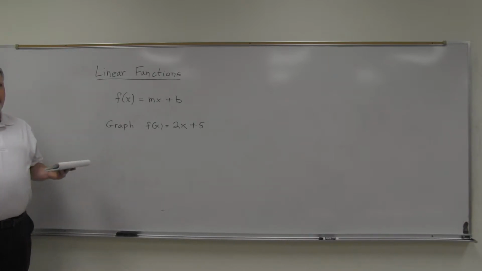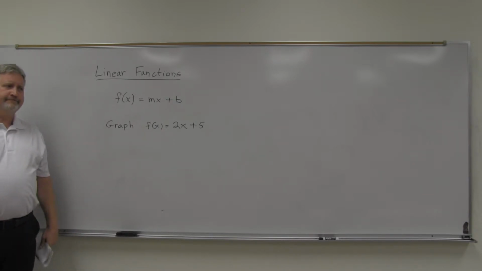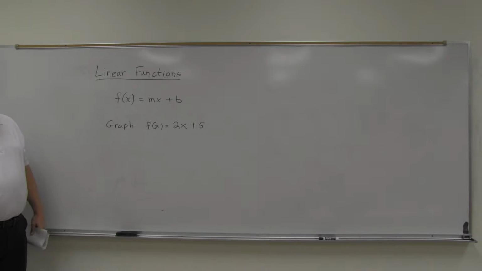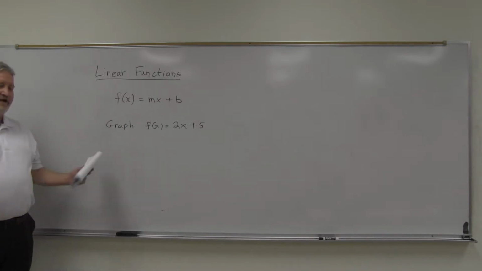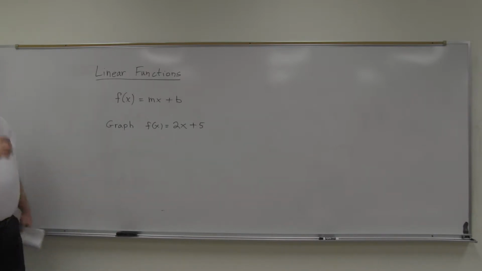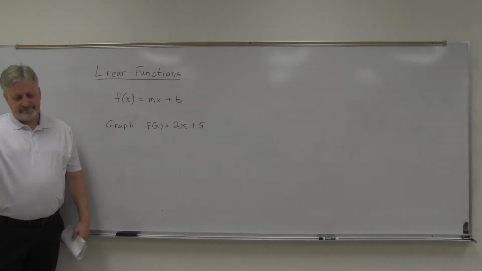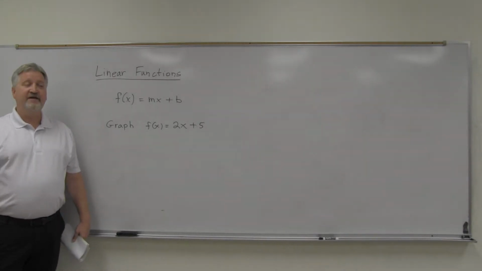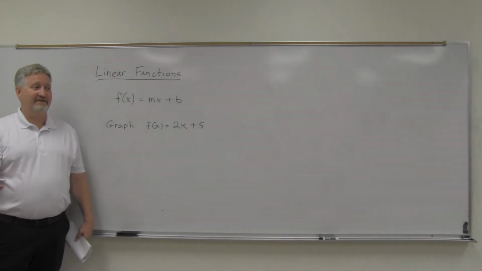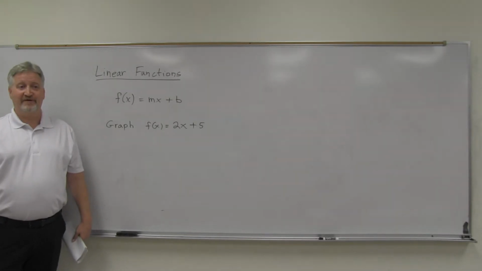So hopefully we know what shape it is. It's a line. However, we're going to do this, I don't think, in this particular class anyway, we haven't done it this way. So we have many options to graph a line. You just need 2 points. So we can get 2 points however you want to get them.